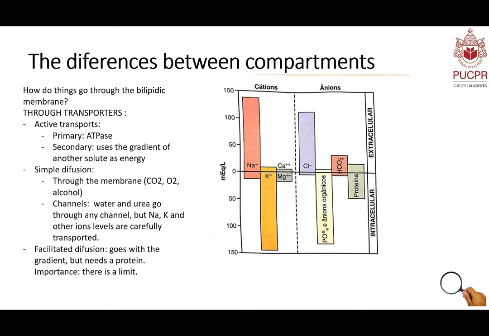So we have some sodium channels that open in the membrane of the cell only to put sodium inside the cell.